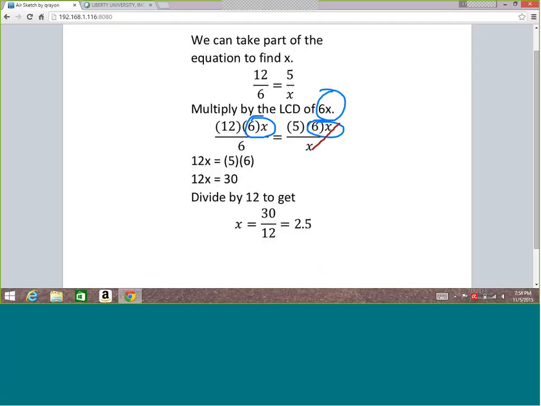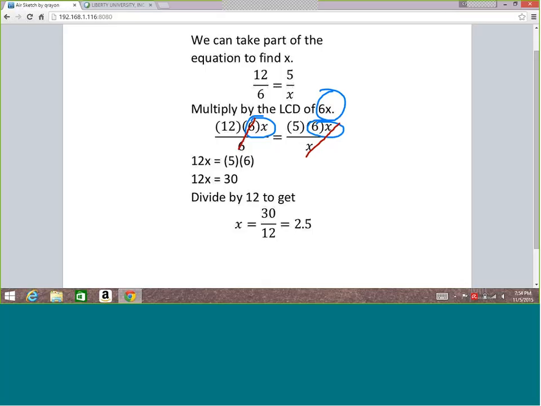And when you cross out, the x is crossed out here, the 6 is crossed out here. My left side now has 12x, and my right side has 5 times 6. So this is gone, this is gone. Anytime you multiply by the least common denominator, it's going to eliminate the fractions. That's the point of multiplying by the least common denominator.